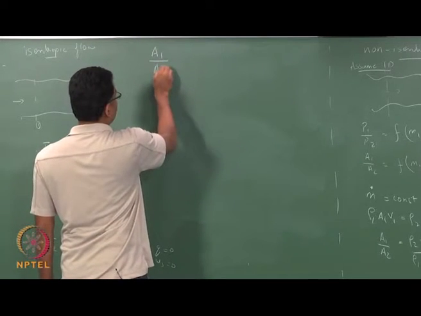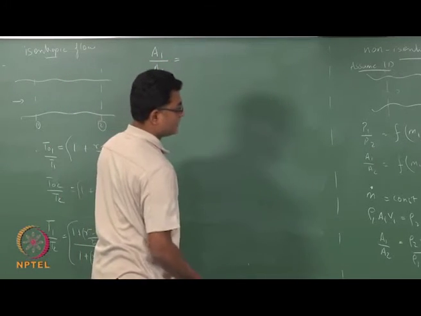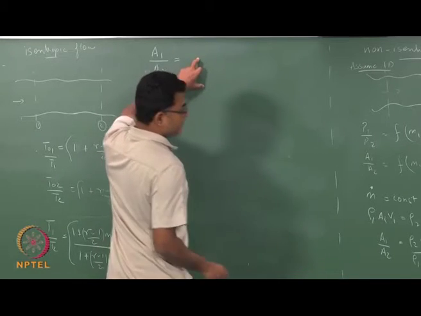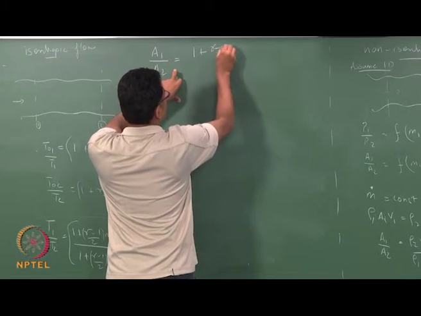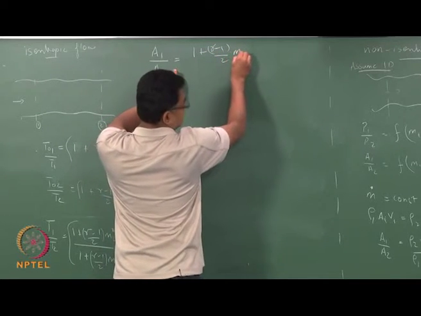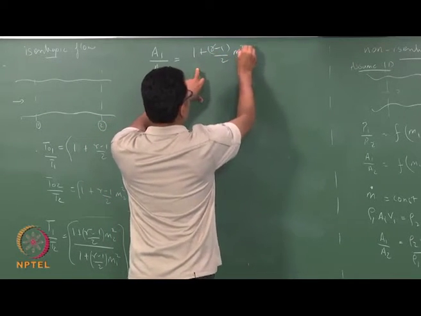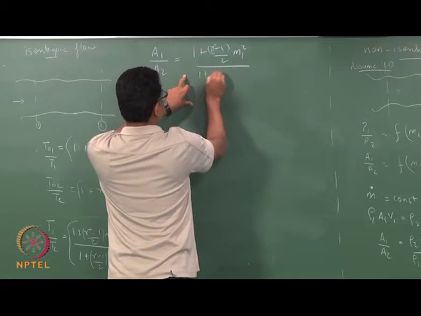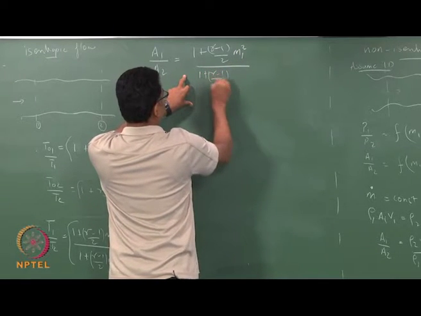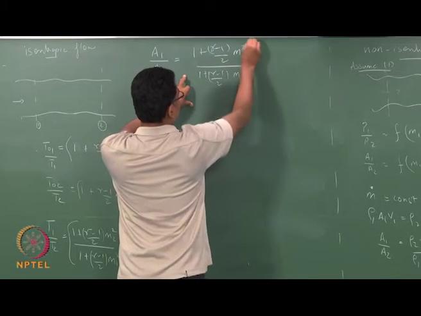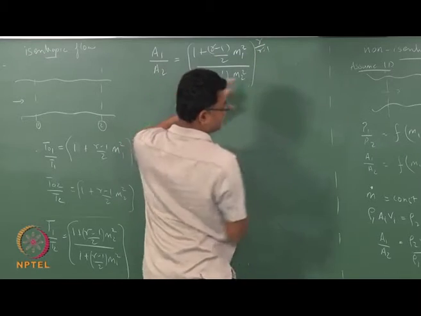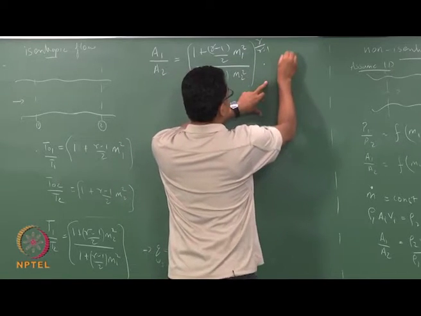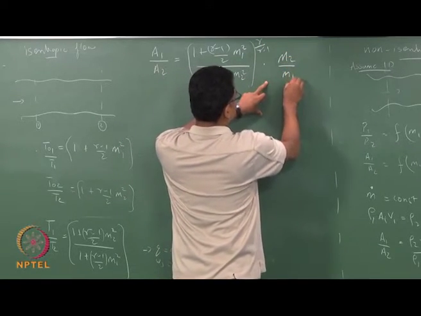A1 by A2 is P, instead of P2 by P1 I replace that with this equation, minus 1 into m2 by m1.